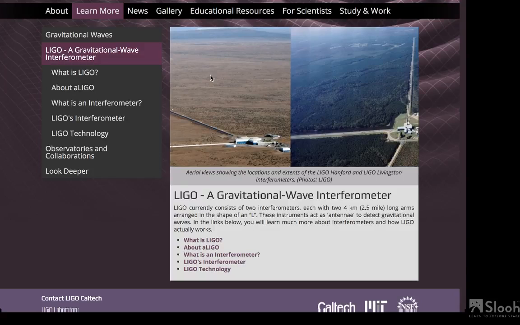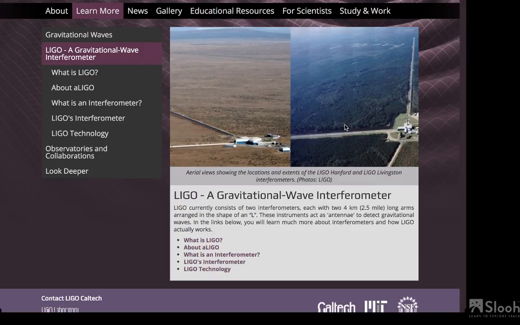Each interferometer is in the shape of an L with 2.5 mile arms extending from the base. Each has 2 arms that are both 2.5 miles long, and both interferometers work in sync with one another.